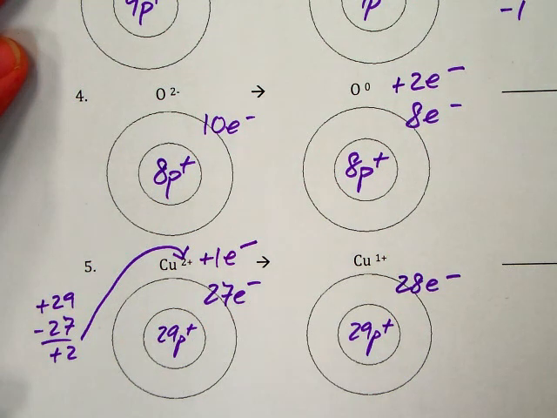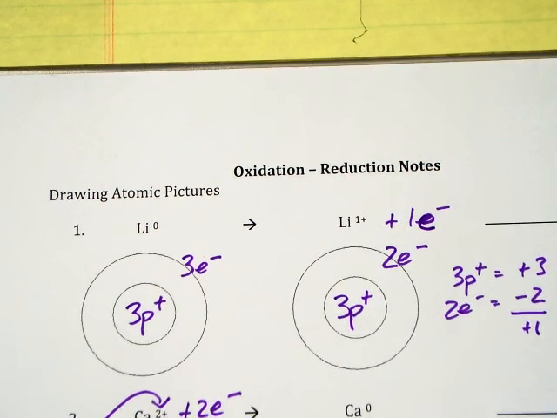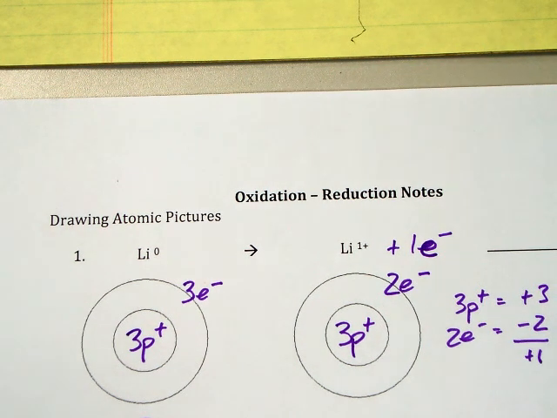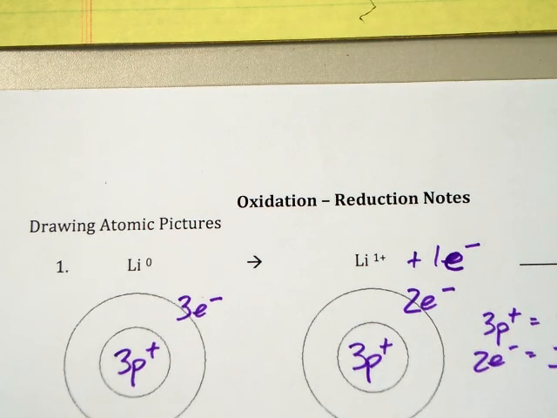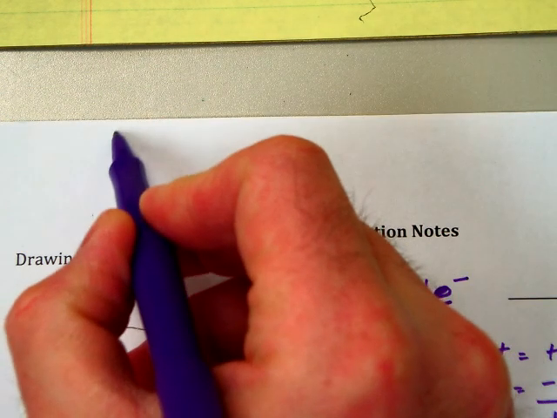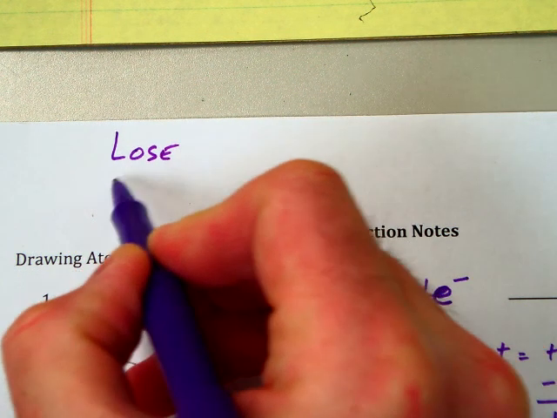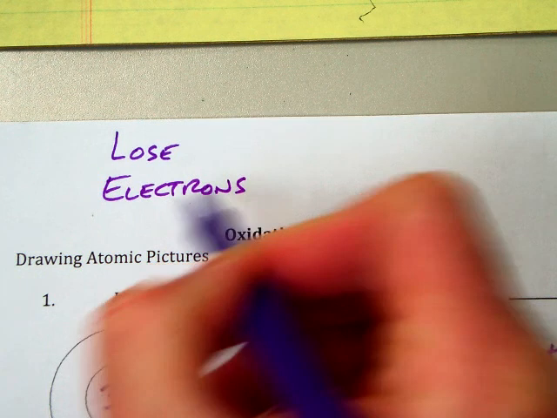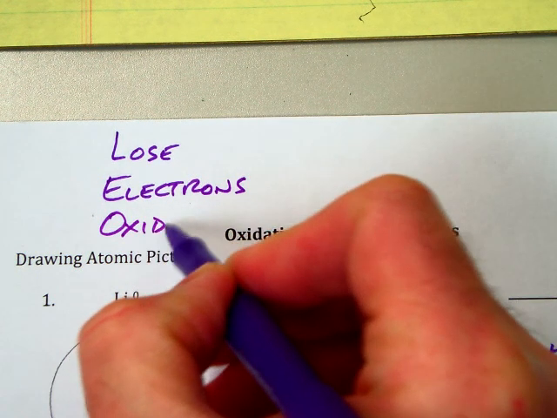All right. Now, to introduce some terminology, we can take a couple notes here at the top. There are different terms for when something is gaining or losing electrons. What scientists have come up with, and it had to do with the initial reactions they were observing, is that when you lose electrons, it's called oxidation.